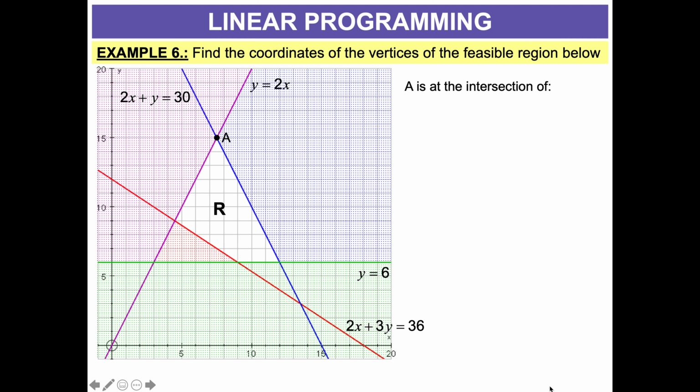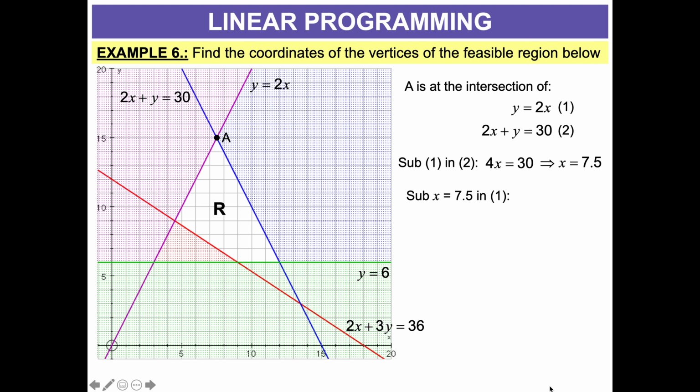So point A, I know, is the intersection of these 2 lines, y equals 2x and 2x plus y equals 30. Find out the solution of this system of equations, and then you find out that point A has coordinates 7.5 and 15.